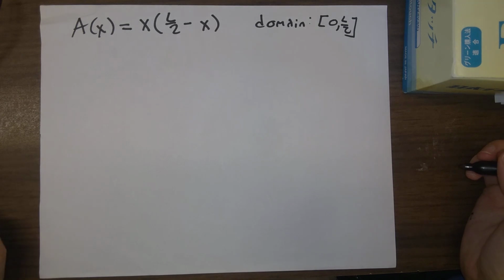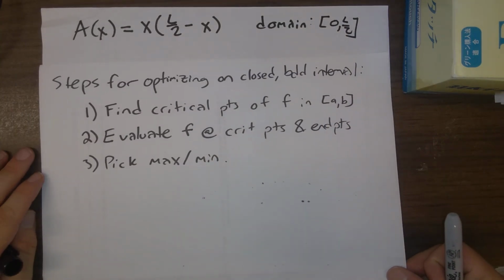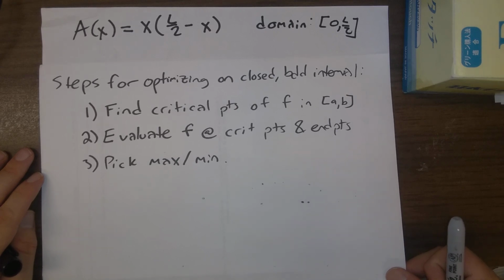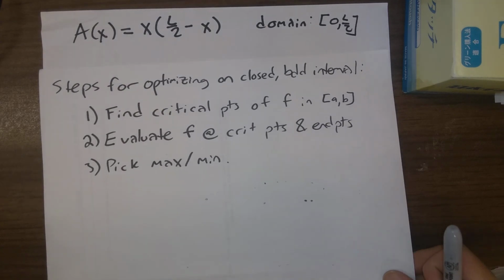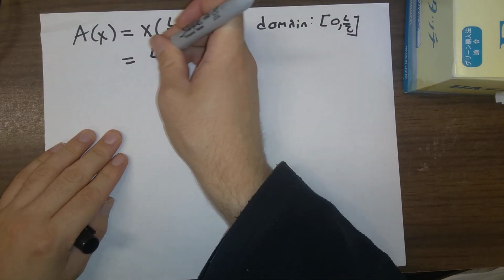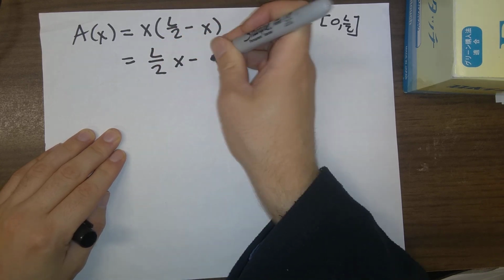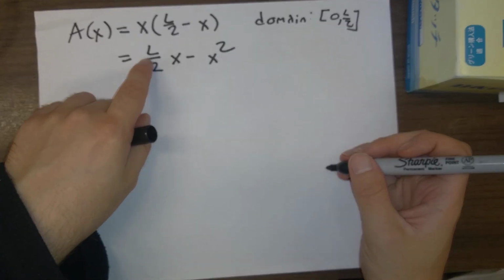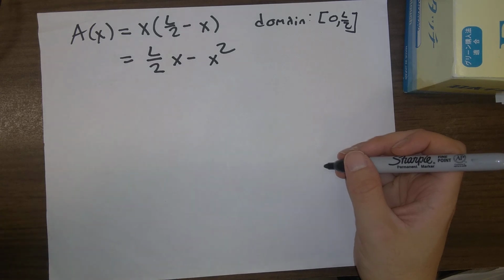At this point, our goal is just to crunch through the steps from before: find the critical points of the function in the interval, evaluate the function at the critical points and endpoints, and pick the maximum and minimum values. So let's do that. I'm going to rewrite that. Remember here, L is a constant. L is like we have 100 feet of wire to work with.